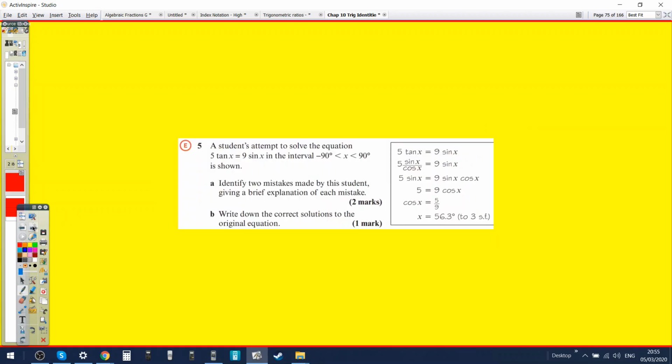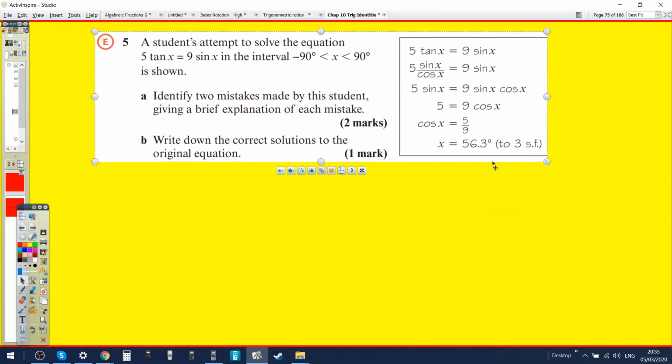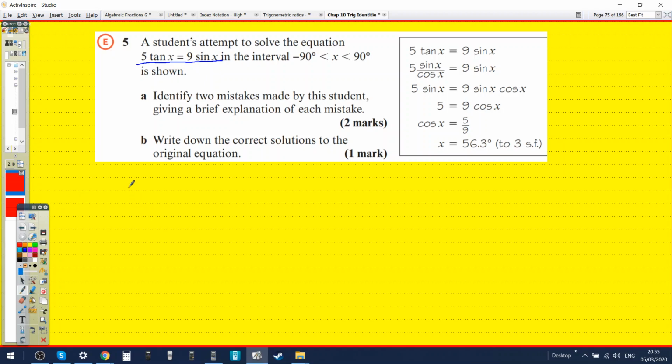Let me just see that one. How would you solve question 5? Just forget all the other stuff. I would make it 5 sine over cos. Yeah, and then? I'm not 100% sure.